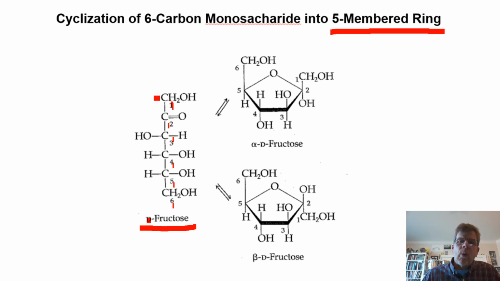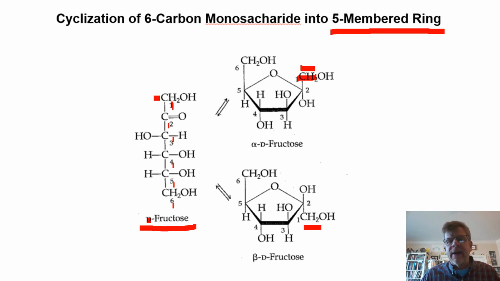So what carbon is left over? We have a 5-membered ring here, but where's that 6th carbon? Well, here's the 5th, and there is the 6th right there, sort of hanging off like extra baggage, this extra CH2OH.